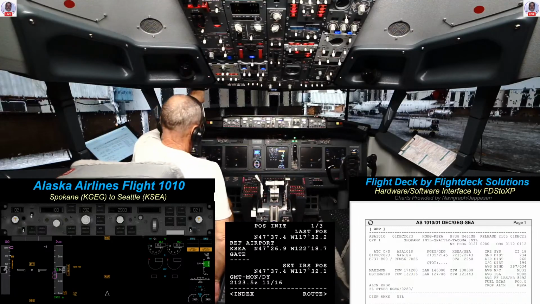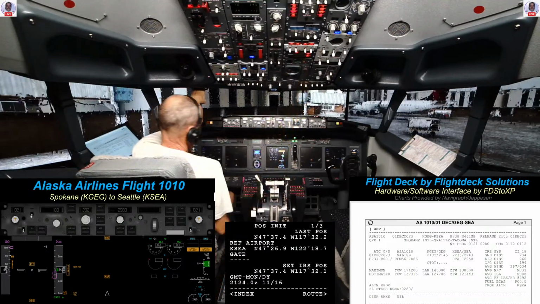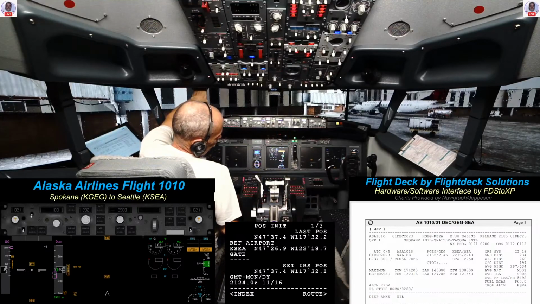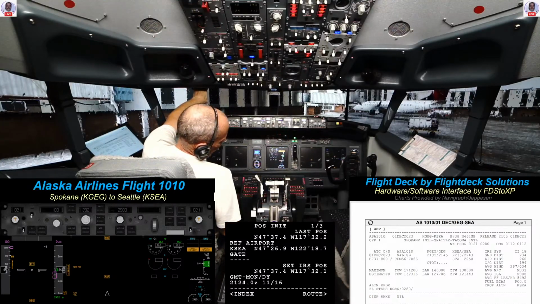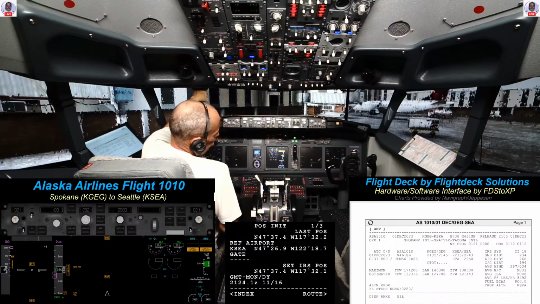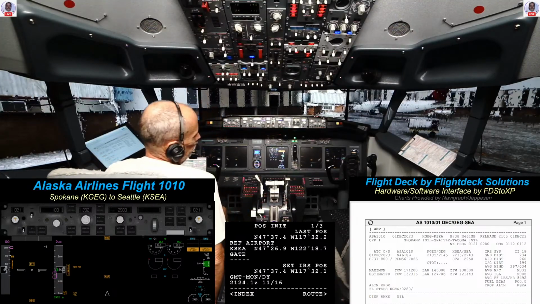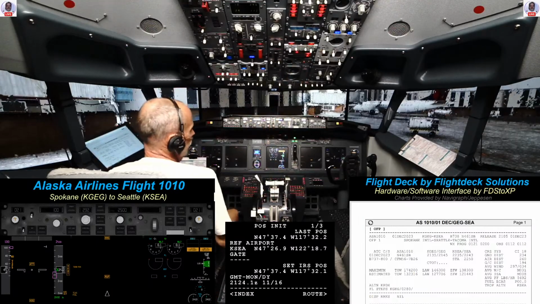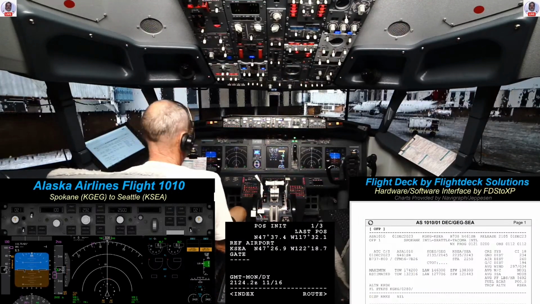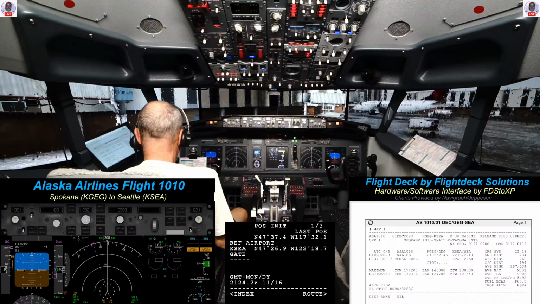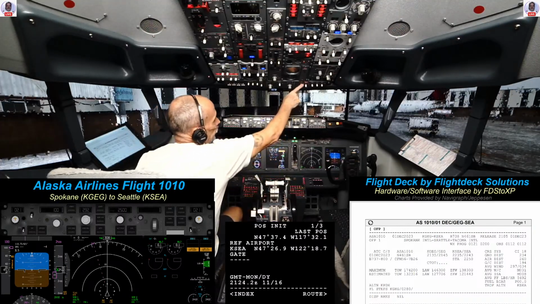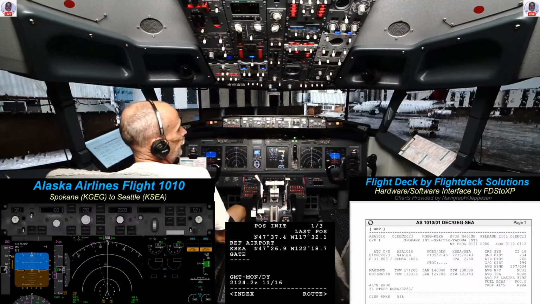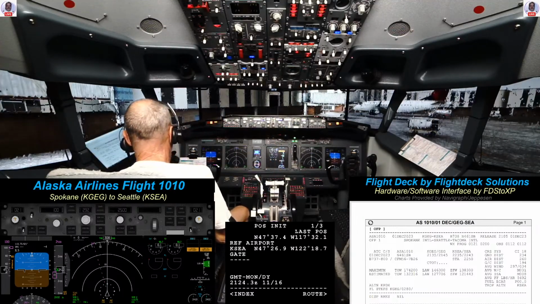Let me just get some pressure in there for the brakes. Alright, brakes are set. And exterior lights. Oh, it's nasty out there, so we'll do logo and position. Alright, that looks good. So, that's it for the originator flight.